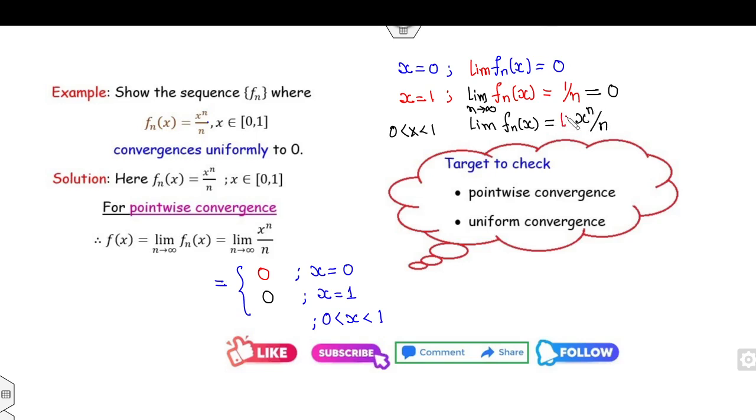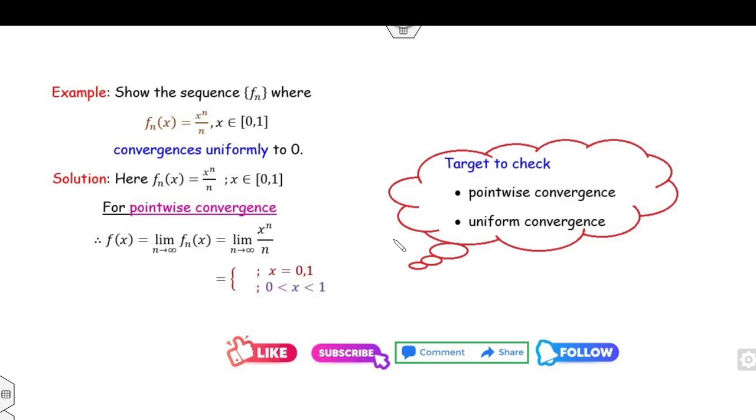Clearly, since x lies between 0 and 1, x to the n goes to 0, over n, so it will be 0. So clearly for each case it is 0. So I can say this is 0 for all x belonging to [0,1]. Therefore, f_n(x) converges to f pointwise.